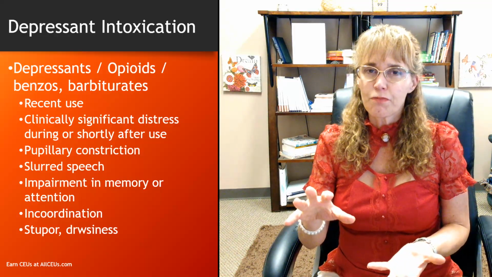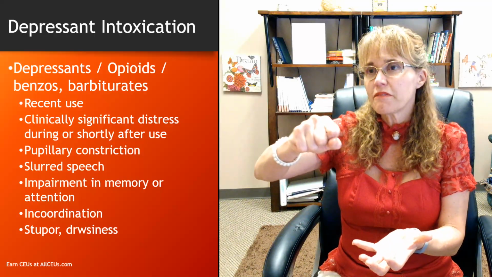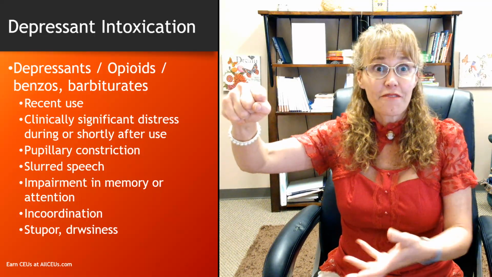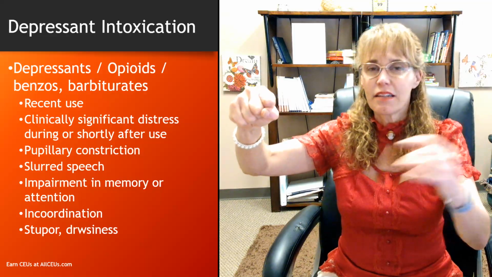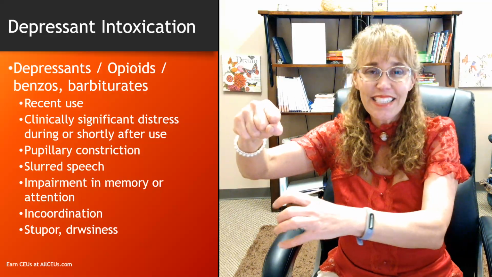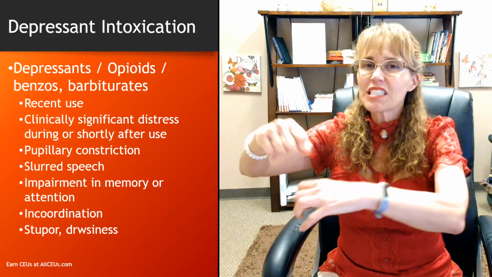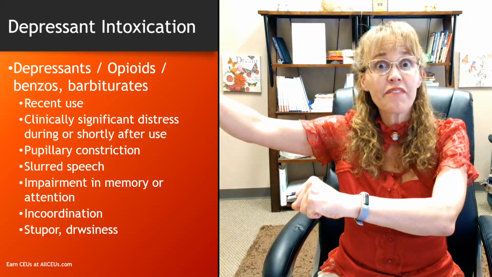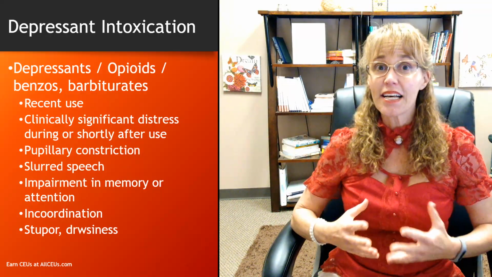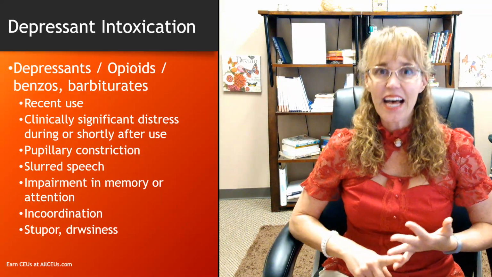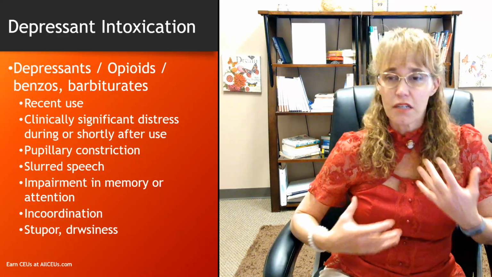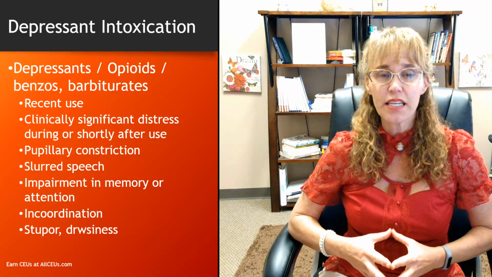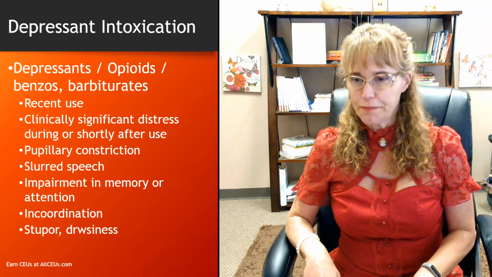So as the relaxation effects of the alcohol wear off, the body tries to compensate by sending in GABA and other relaxation chemicals, but it can't do it as fast as the alcohol's leaving the body. So then the person has rebound anxiety, hypertension, tachycardia, a lot of the symptoms that you would see in stimulants.